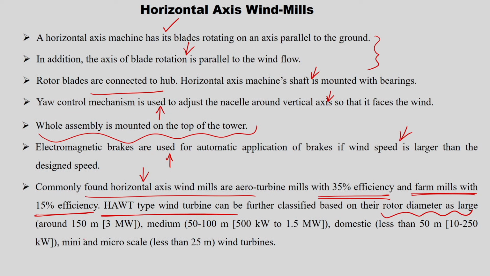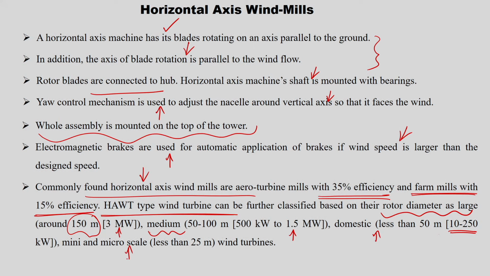as large rotor diameter, which is about 150 meter, which draws 3 megawatt capacity power, and medium rotor diameter, which is 50 to 100 meter, which draws power of about 500 kilowatt to 1.5 megawatt, and domestic ones which are less than 50 meter and draw power of about 10 to 250 kilowatt.